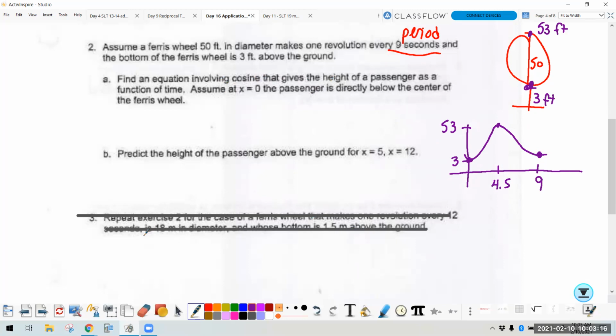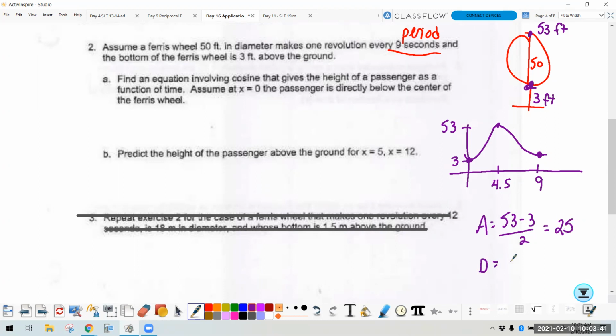All right, you write your equation. And then hit pause, write your equation, and then unpause to see the answer. All right, so A, 53 minus 3 divided by 2 is 25.